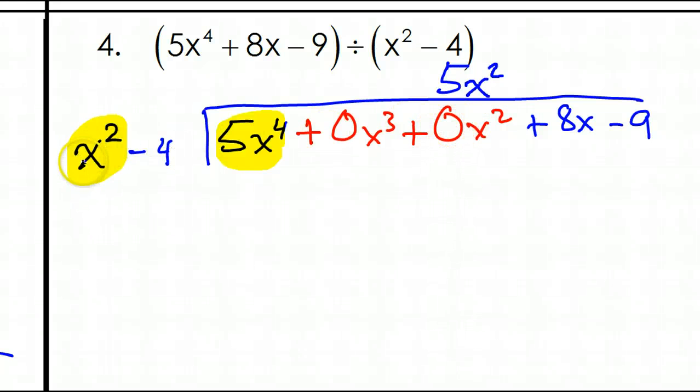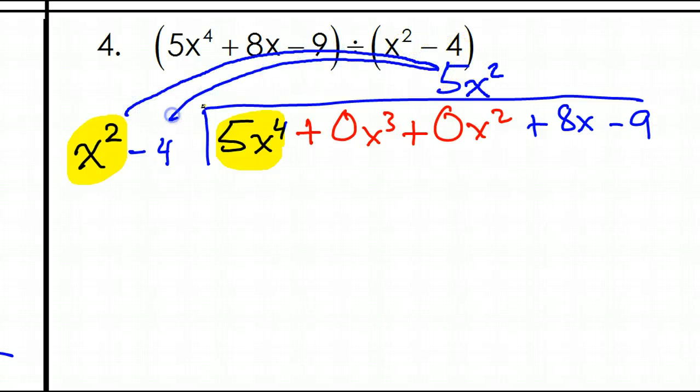Because I know that x squared times x squared will make x to the 4th power. And I need the 5 too. So once I have this, I take it and I do the distributive property with it. Okay, 5x squared times x squared is 5x to the 4th power, just like we want it.